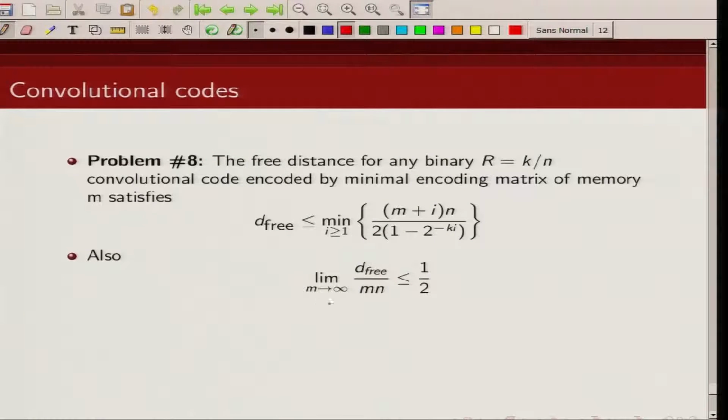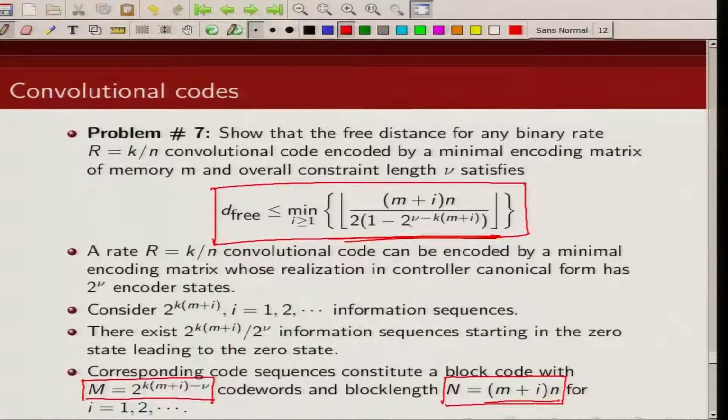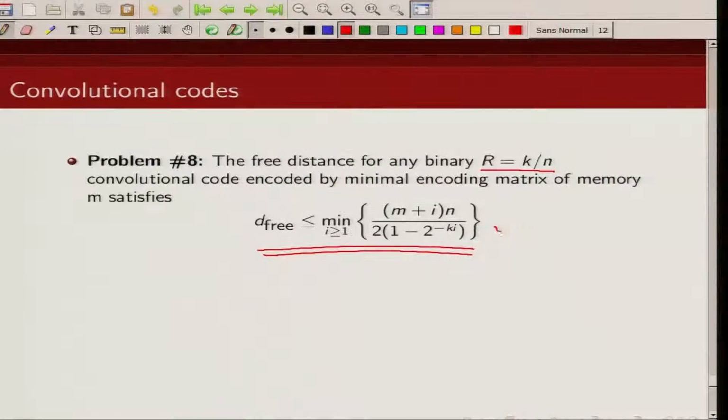And also we will show that this relation holds. So, since overall constraint length is less than k times m, then if you go back to this expression, mu minus km is actually less than 0. So, we can then upper bound this by just 2 raised to the power minus kI. So, if we do that, we get this expression.